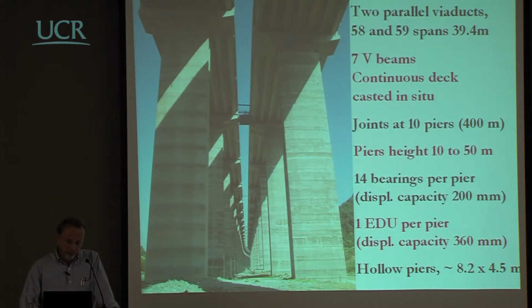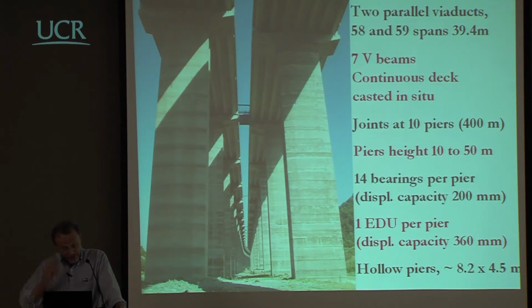And in the center of these cap beams, they had one device which was called energy dissipating unit. So imagine 14 bearings that would allow relative displacement, 200 millimeters capacity. The displacement was simply permitted through some low friction between steel and PTFE, and one energy dissipation unit with a much larger displacement capacity.